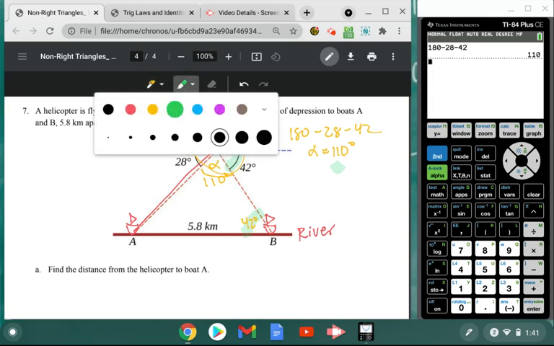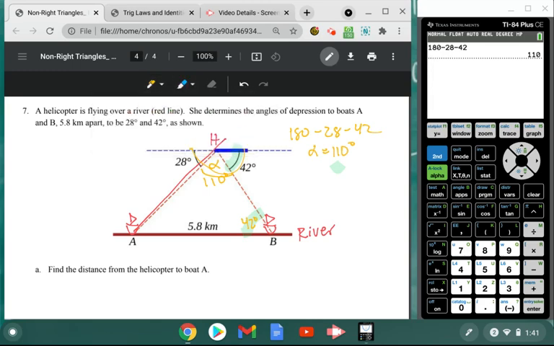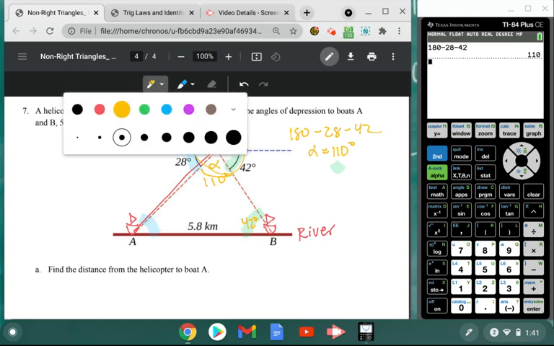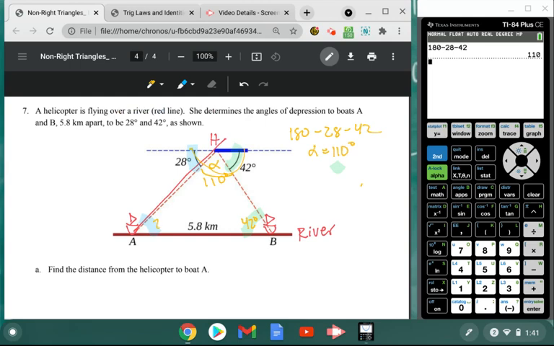And if I go ahead and grab another color, we've got vertical angles again here and here. So that one should be, where's yellow? So that one should be 28 degrees. So we have a lot of information now that will allow us to find this distance right here.